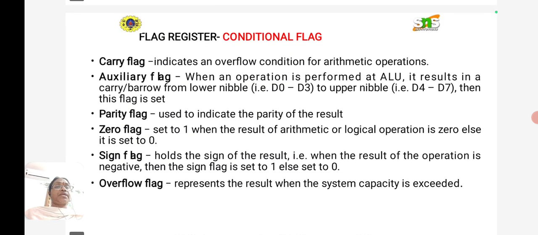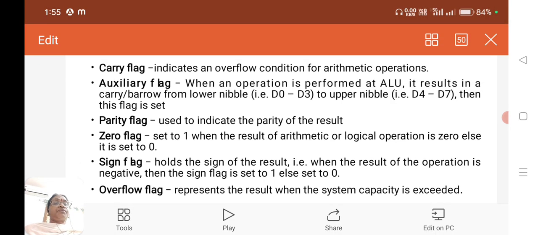Under the conditional flags, the carry flag indicates an overflow condition for arithmetic operations. If there is a carry or borrow from the D3 to the D4 bit, we call it the auxiliary flag. The parity flag indicates the parity of the result, odd or even, based on the number of ones present in the result.